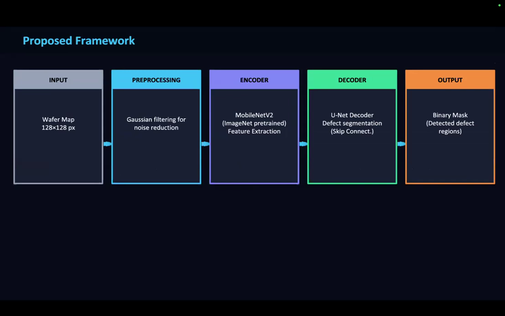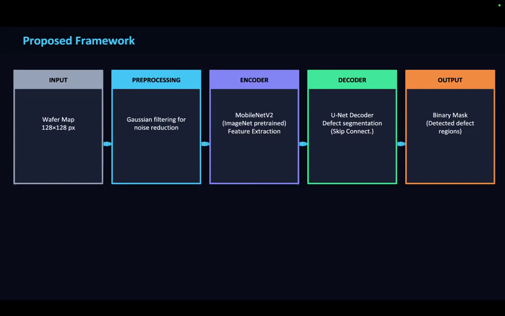So when a wafer image input is taken from a publicly available dataset, that is WM811K, it goes through preprocessing using Gaussian filtering for noise reduction. So it can later be sent to the encoder, which is a lightweight model, MobileNet V2, which I have currently used.